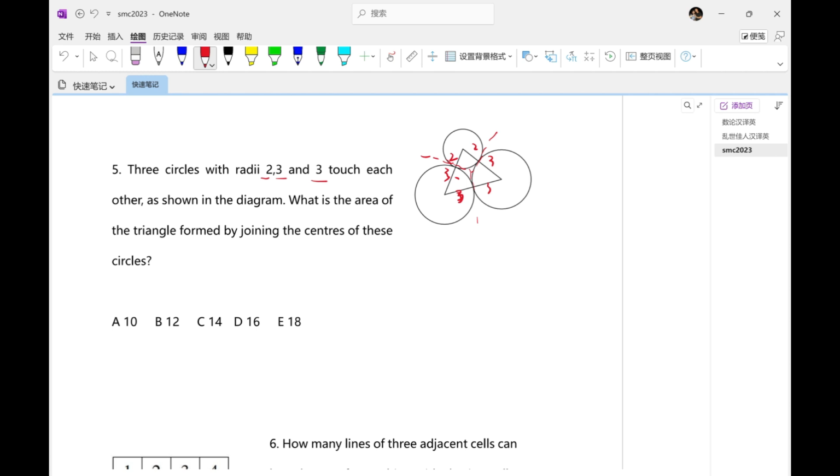From this diagram we can know the sides of this triangle, and they give us the perimeter for it, and it asks us for the area of this triangle. So we can use Heron's formula. Heron's formula is: the area S equals the root of P times P minus A, P minus B, and P minus C, and P equals the semi-perimeter.